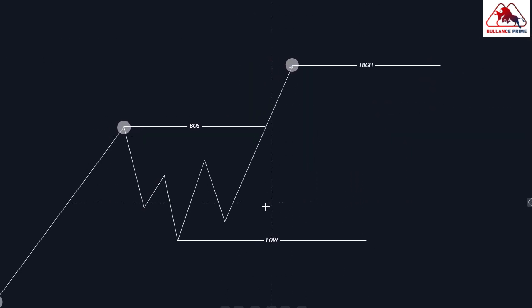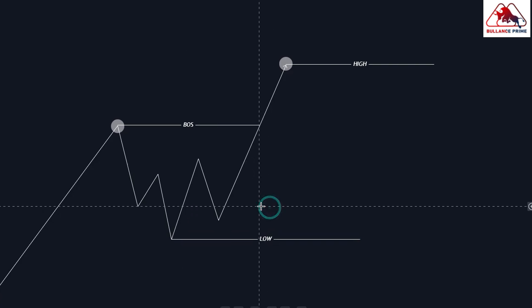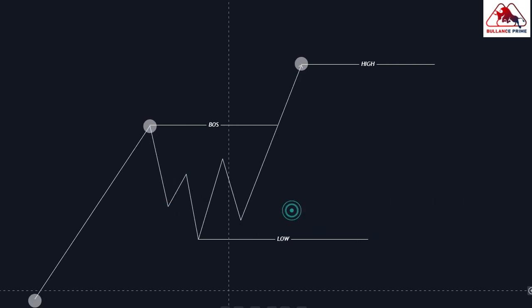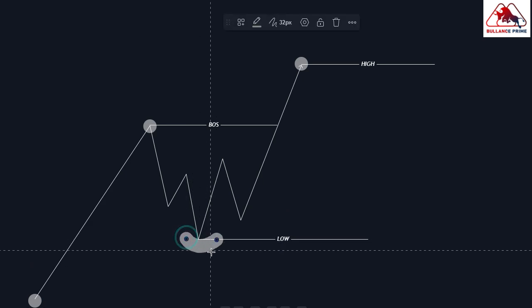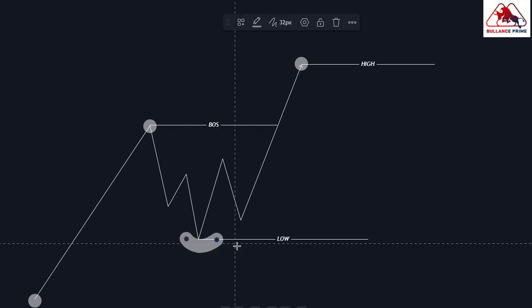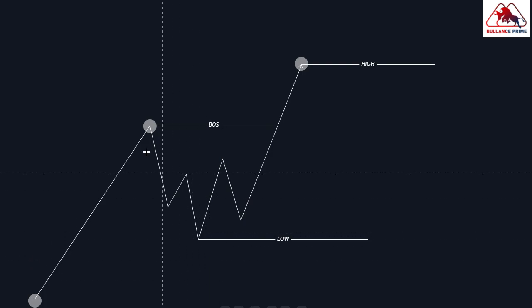Now the important thing is where exactly we are going to do the trade. We can see there is an overflow that has made a liquidity. You can see this is a liquidity, which is our low. So our trading zone must be nearly inside this lowest zone, and there should be a key level there.